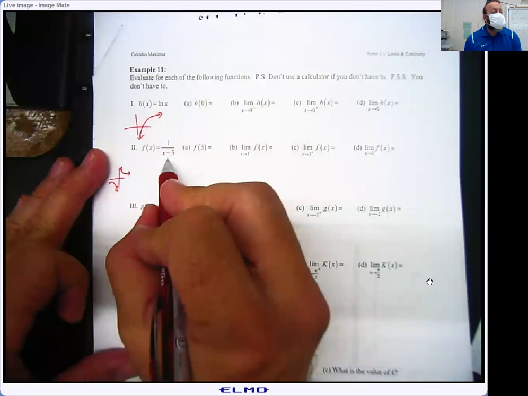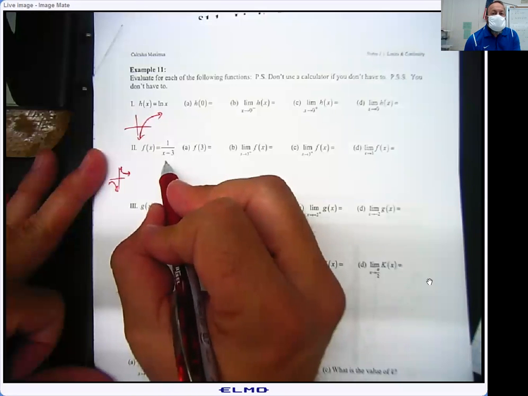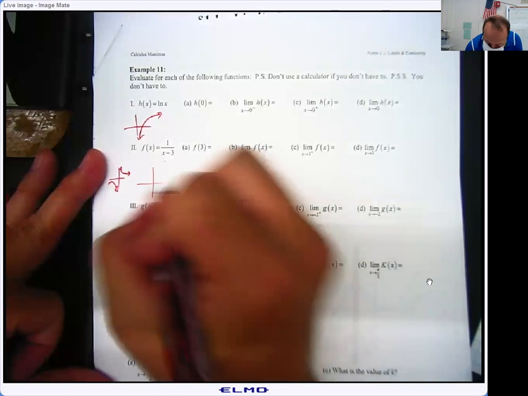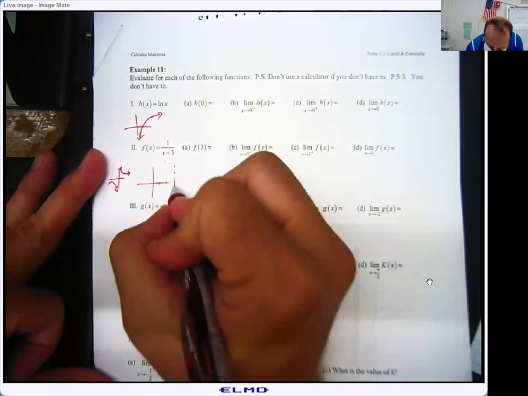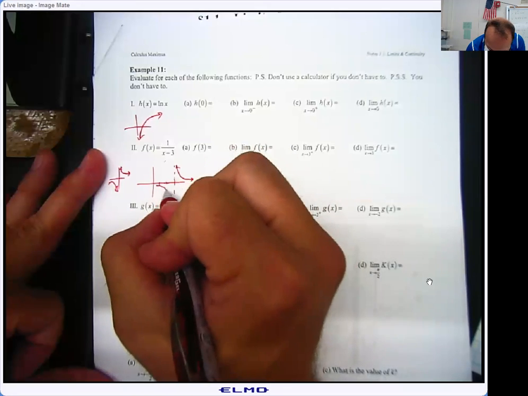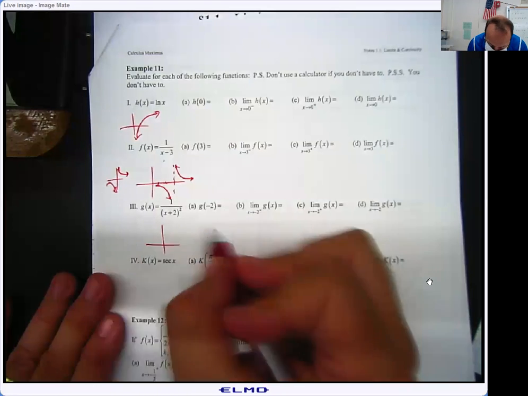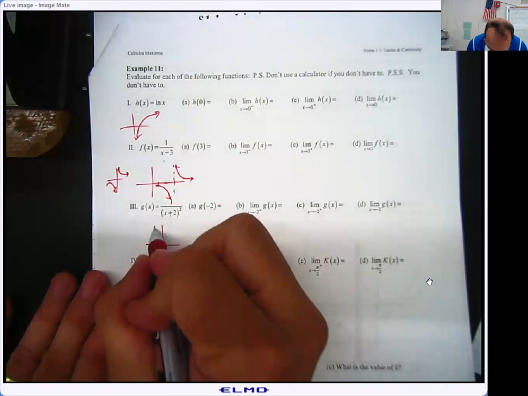But somebody replaced x with x minus 3, didn't they? And that should kick the graph to the right 3 units. Remember graphing by transformation that we did a million times. 1 over x squared is going to be a graph that has been kicked to the left 2 units.